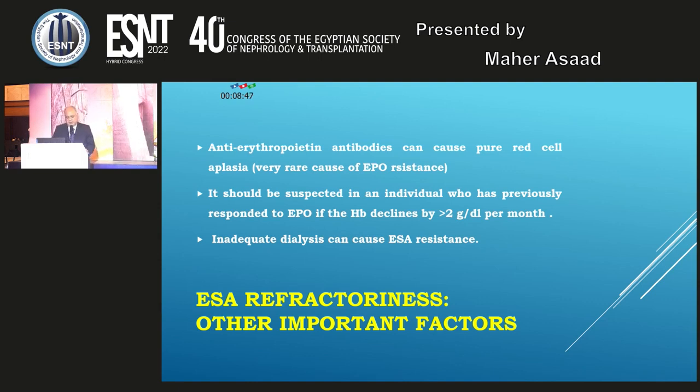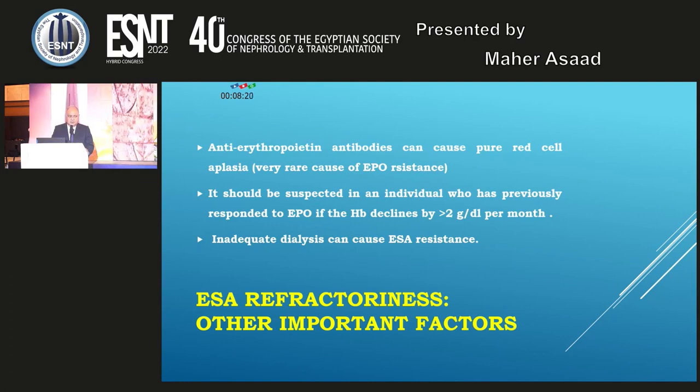The presence of anti-erythropoietin antibodies can cause pure red cell aplasia. It's a rare cause of erythropoietin resistance, usually difficult to treat. Some trials with corticosteroids, sometimes other immunosuppressive agents such as azathioprine and cyclophosphamide, can be tried.